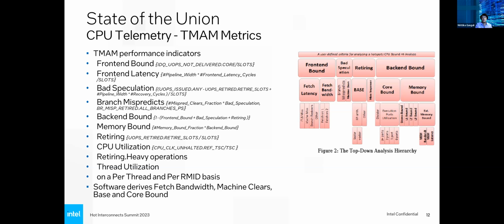What TMAM does is it doesn't aggregate, but it gives you a different view. And there are 4 or 5 pillars to TMAM. It can tell you whether your workload is front-end bound based on a slew of counters that are out there.